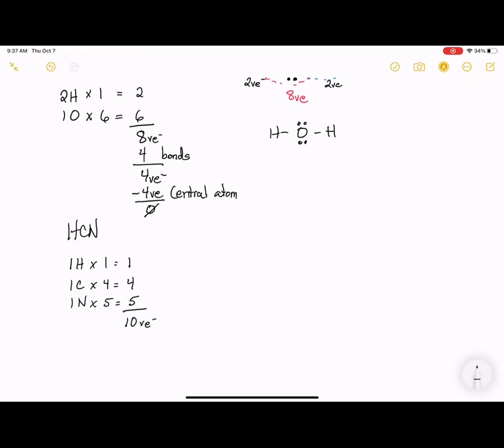The next thing we need to do is write the skeletal structure. Again, there are 2 different things here. Number 1, again, hydrogen must be terminal.